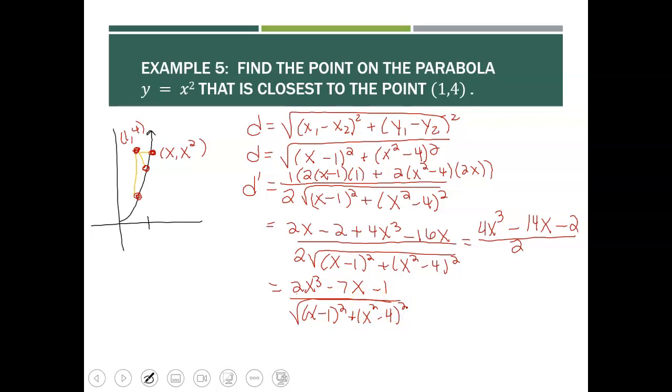And then at this point I would bust out my calculator, because these aren't going to be pretty numbers. Like 2x cubed minus 7x minus 1 is not going to factor nicely. So what we would do is take out our graphing calculators and find the zeros.